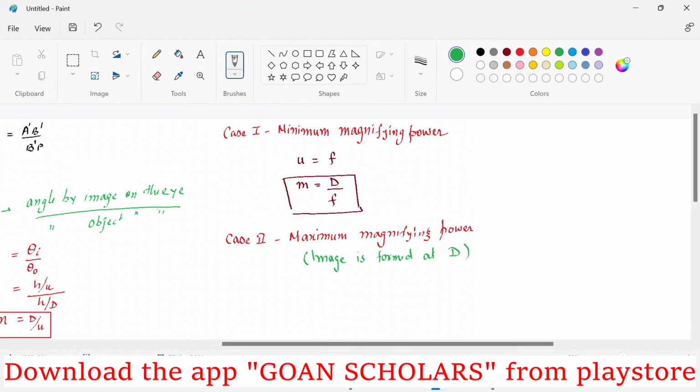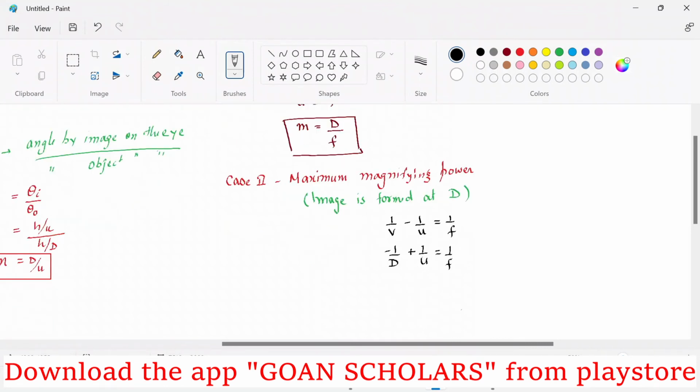So let's use our lens formula to figure out where the object should be placed to get this. 1 by V minus 1 by U equals 1 by F. Now if I place here minus 1 by D, why minus? Because it is on the left hand side. Minus and minus will become plus 1 by U. Why plus? Because the object is also on the left hand side, equal to 1 by F.